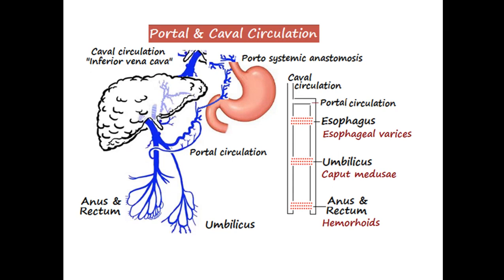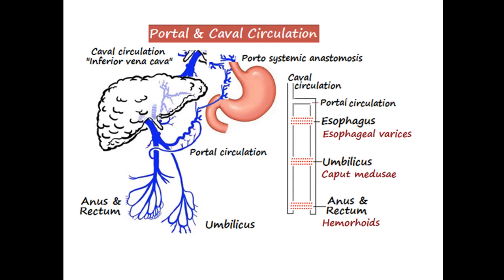The third communication between the caval and the portal circulation is that from blood from the rectum and the anus. It is drained by the superior, inferior, and middle rectal veins into the caval circulation. But the inferior rectal vein drains into the portal circulation.